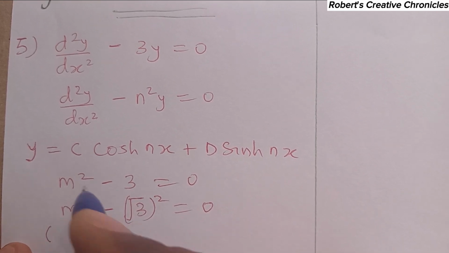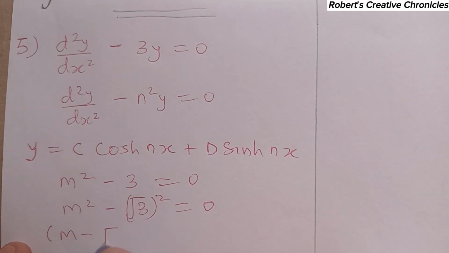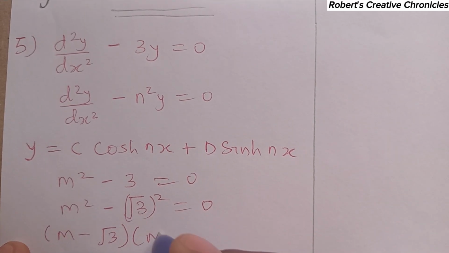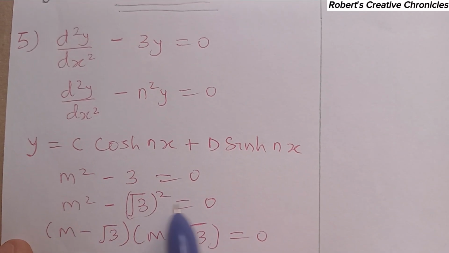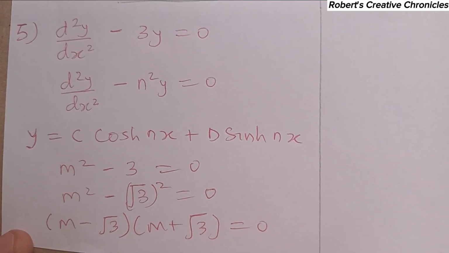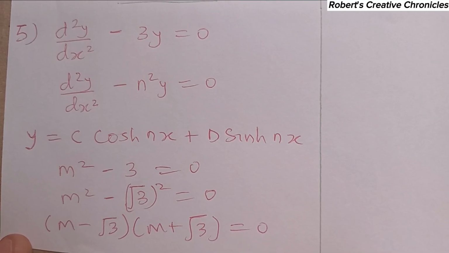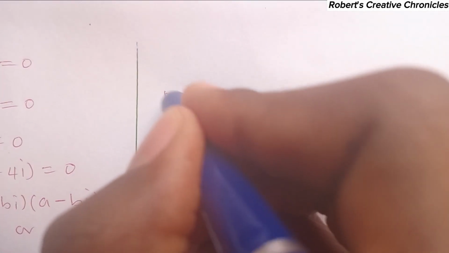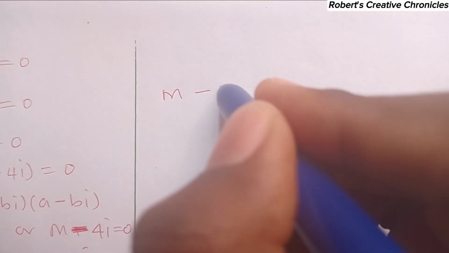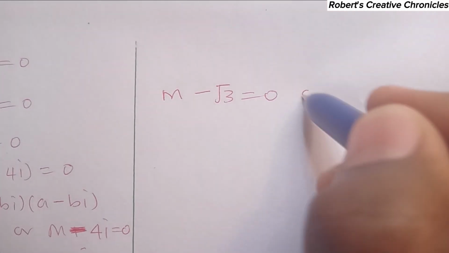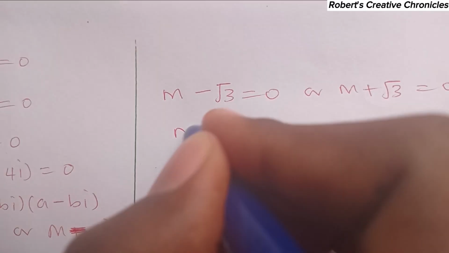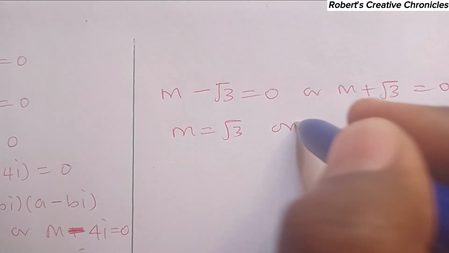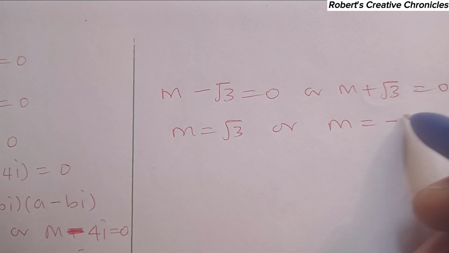So this becomes m minus root of 3, m plus root of 3 equals 0, since it's m squared minus root 3 squared. So m minus root of 3 is equal to 0, or m plus root of 3 is equal to 0. So m is equal to root of 3, or m is equal to negative root of 3.